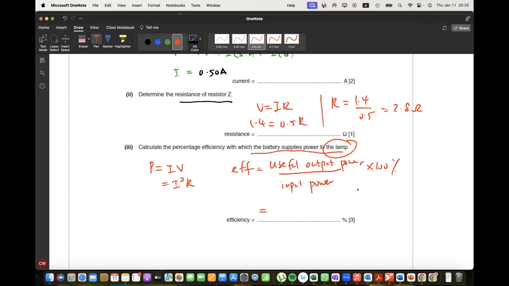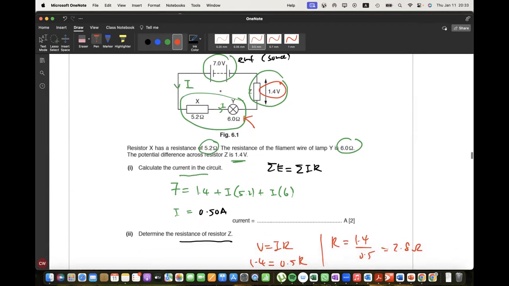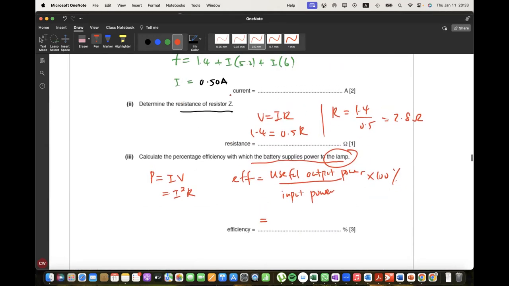So useful, you have to use this input power. Where to get? Which one is the input power? Okay, how much is the percentage? Can anyone tell me?